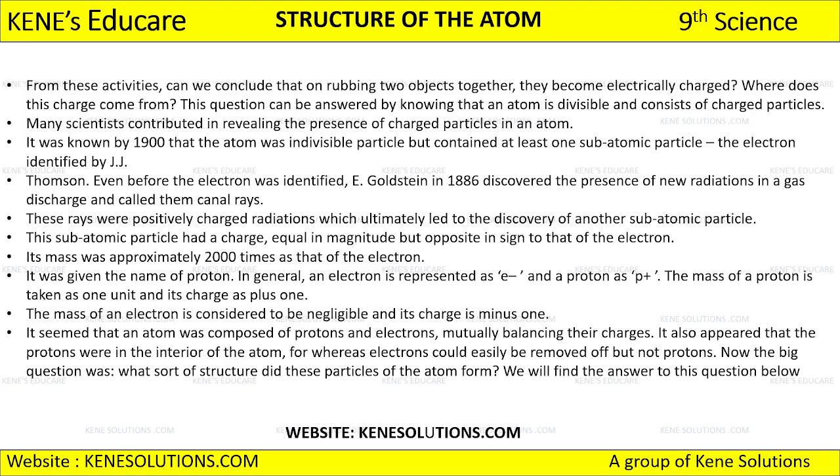That is the differentiation between protons and electrons. The mass of a proton is approximately 2000 times that of an electron. We consider the mass of a proton as 1 unit and its charge as +1, whereas the mass of an electron is considered negligible and its charge is -1.